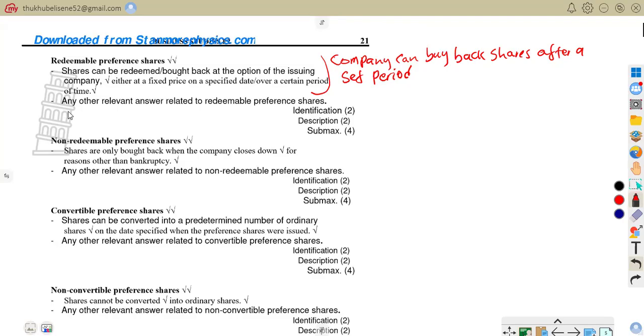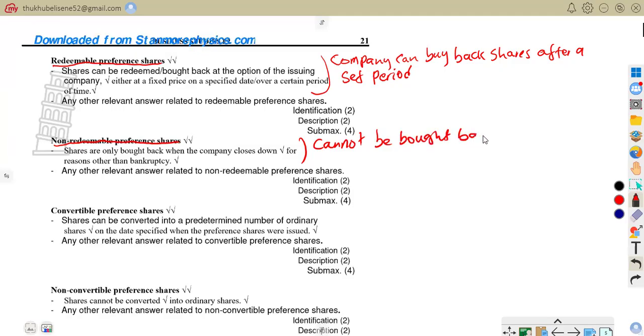But now we are on non-redeemable, because we are coming from the redeemable preference share. Non-redeemable preference share: this one, shares cannot be bought back.